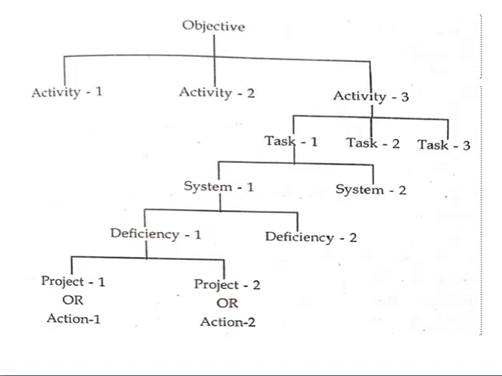For example, in activity 3 we have taken different tasks: task 1, task 2, task 3. The tasks are again divided into systems, which are interconnected to each other. Task 1 consists of system 1 and 2. The systems are interconnected with deficiency 1 as well as 2, and for the deficiency, you'll have project 1 or action 1, project 2 or action 2. All these are linked to each other, and this is considered a relevance tree.